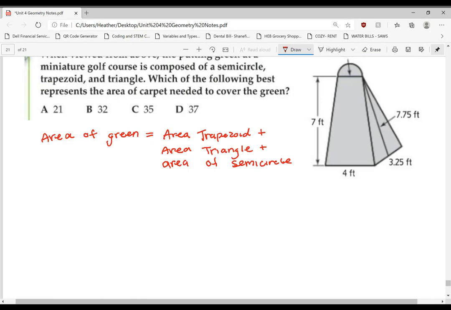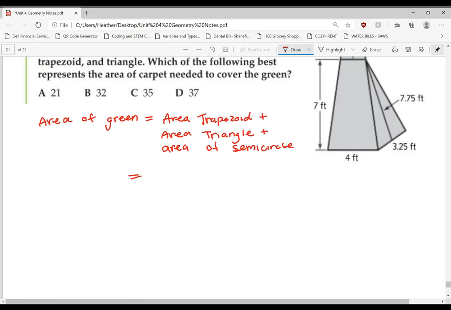So if we have each of these formulas, we have the trapezoid formula, which is 1/2 times height times base 1 plus base 2, plus area of a triangle, 1/2 base height, plus area of a semicircle, 1/2 pi r squared.